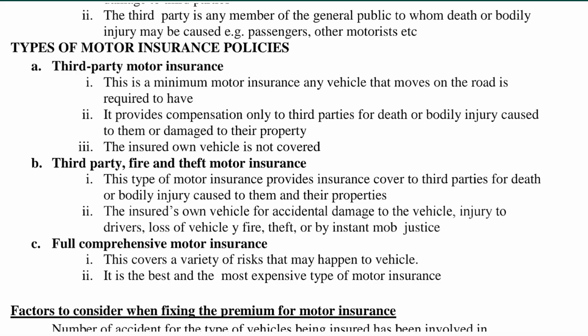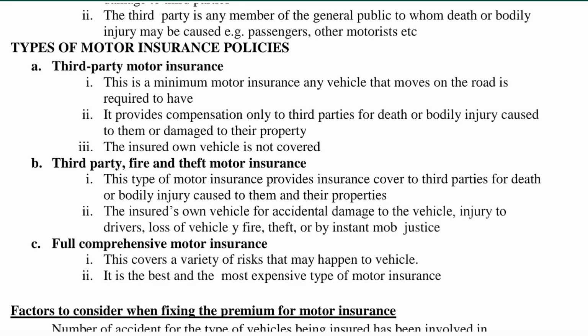Now, we also have this type of motor insurance policy: third party fire and theft motor insurance. This type of motor insurance provides insurance cover to third parties for death or bodily injury caused to them or their properties, and to the insured's own vehicle for accidental damage to the vehicle or injury to drivers, loss of vehicle by fire, theft, or by instant mob justice.